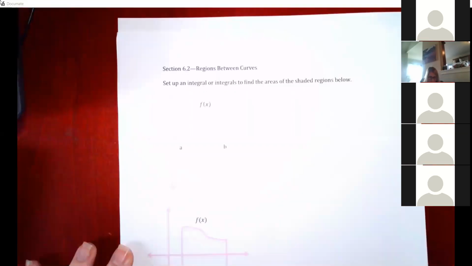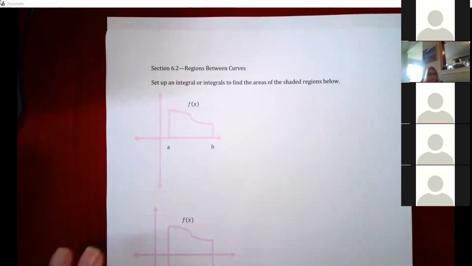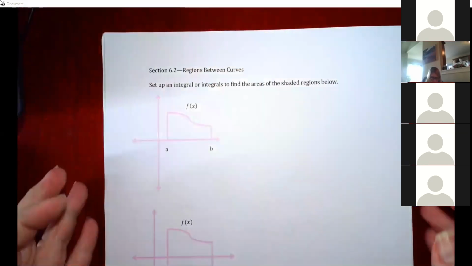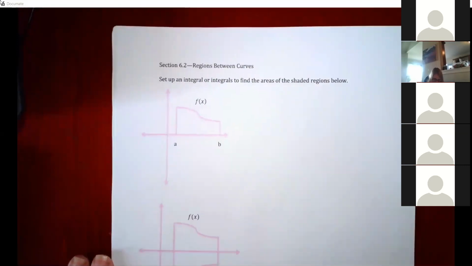All right, so section 6.2 is where we're going to talk about just area between curves. And if it makes you feel any better whatsoever, we won't always do 2 sections a day. There are quite a few days where we do, but particularly as the material gets more, I don't want to say complicated, but more new, so to speak, we'll try to keep as small as possible the number of days we have to do 2 or 3 sections, but it does happen.